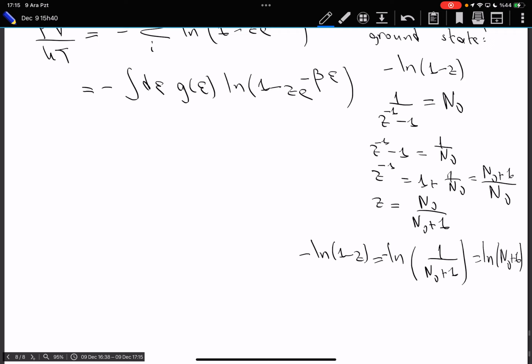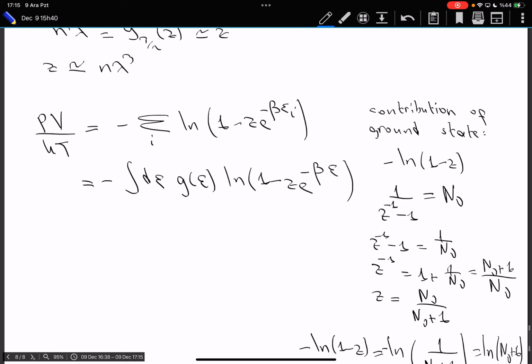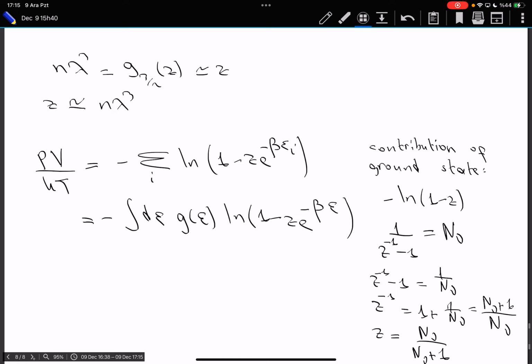This is definitely less than or equal to logarithm of n. The other terms will be of the order of n, not the logarithm of n. So when I'm looking at the number of particles, I cannot ignore the contribution of the ground state. I have to treat it specially.